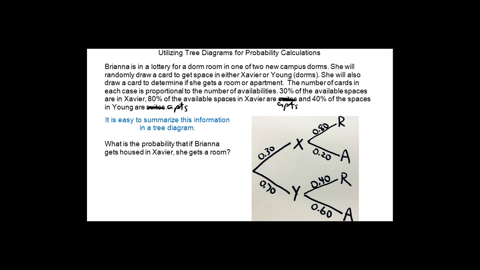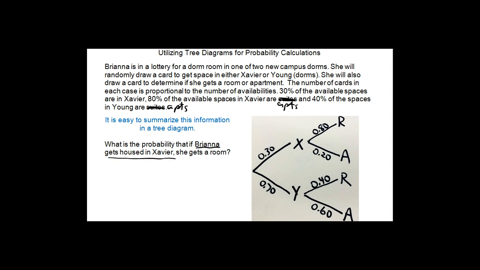Well, we've got this problem up. Let's ask even yet another question about it. This time, the question is, what is the probability that if Brianna gets housed in Xavier, she gets a room? So, again, you have to read carefully and you have to be very careful. It says, what's the probability that if Brianna gets housed in Xavier, she gets a room? So they've given you a condition.